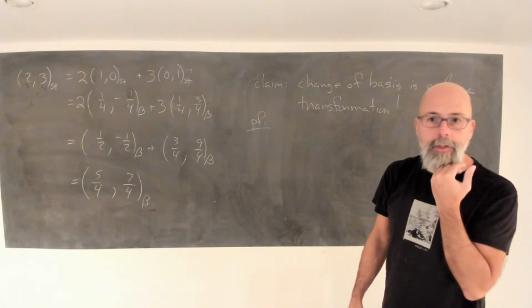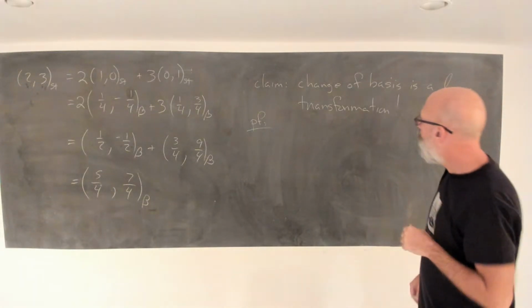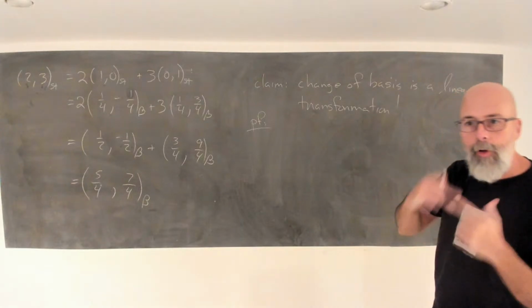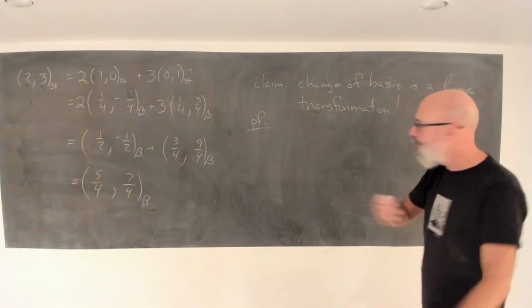The zero matrix, exactly, is an easy counterexample. But the point is that this is actually an invertible linear transformation. You can go from one to the other and vice versa.